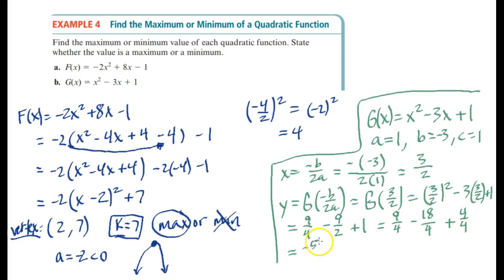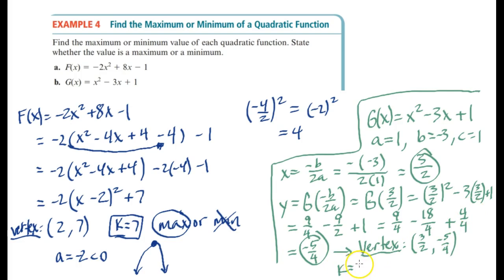Negative 5 over 4. Let me just double check it. 9 minus 18, negative 9, plus 4. Yeah, negative 5/4. That would tell us that our vertex is located at 3/2, the value we calculated here, and negative 5/4. So that tells us that our k value is negative 5/4.